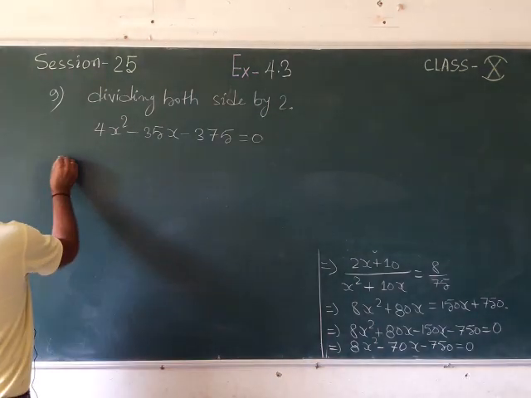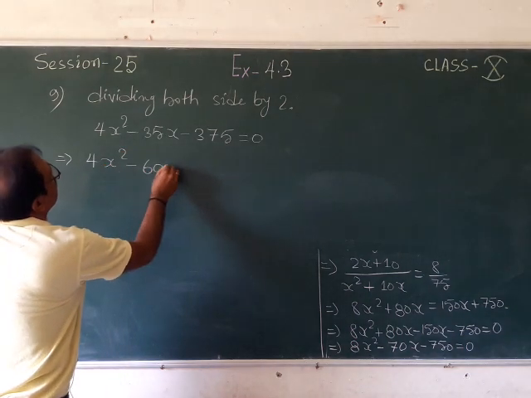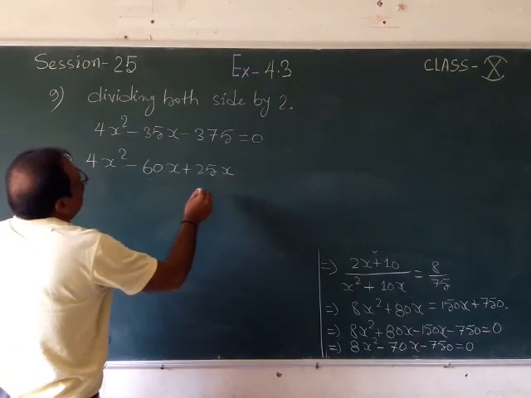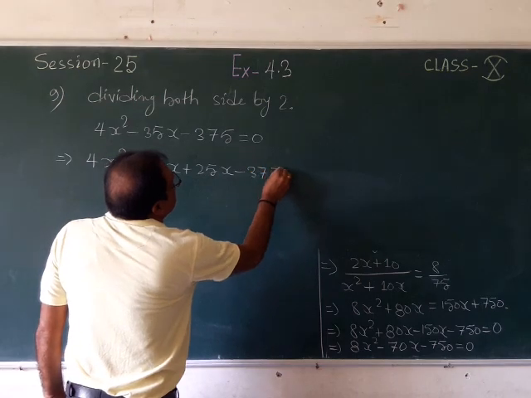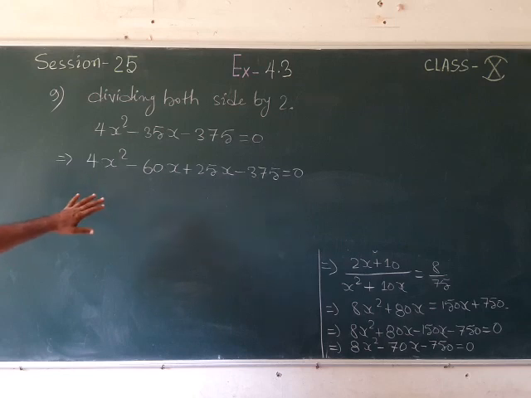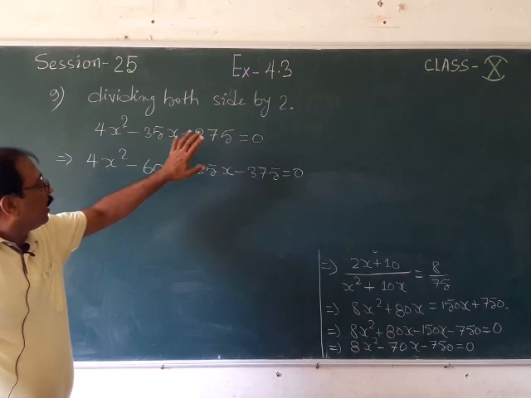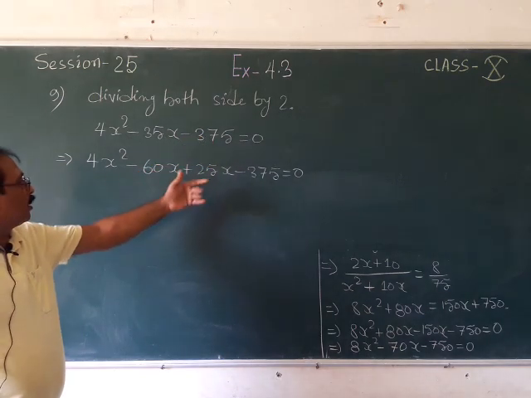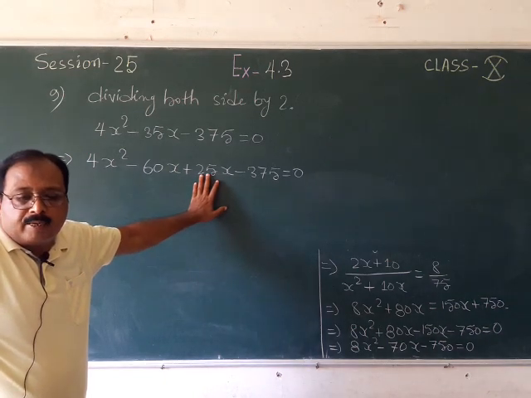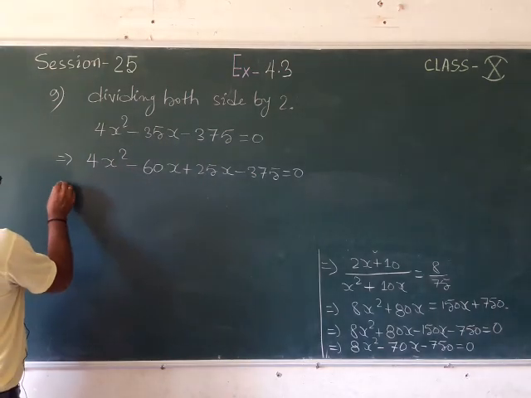So it can be written as 4x square minus 60x plus 25x minus 375 equal to 0. After doing its prime factors you can see that minus 60x plus 25x will be its splitting for the middle term, and then you can find its factor.